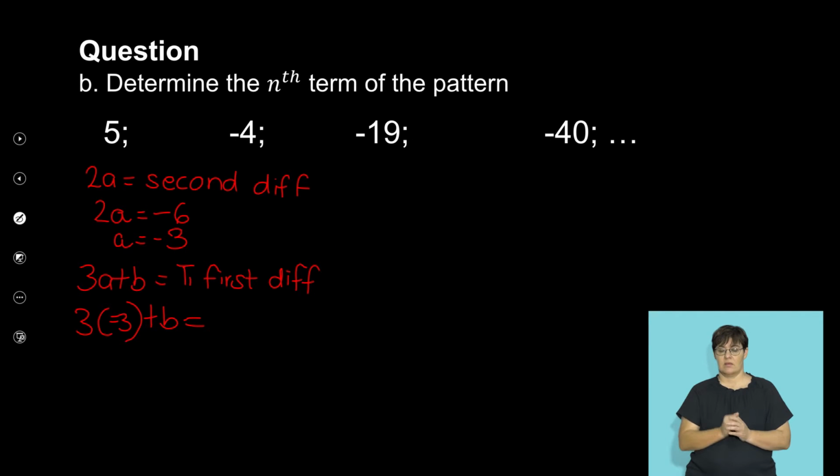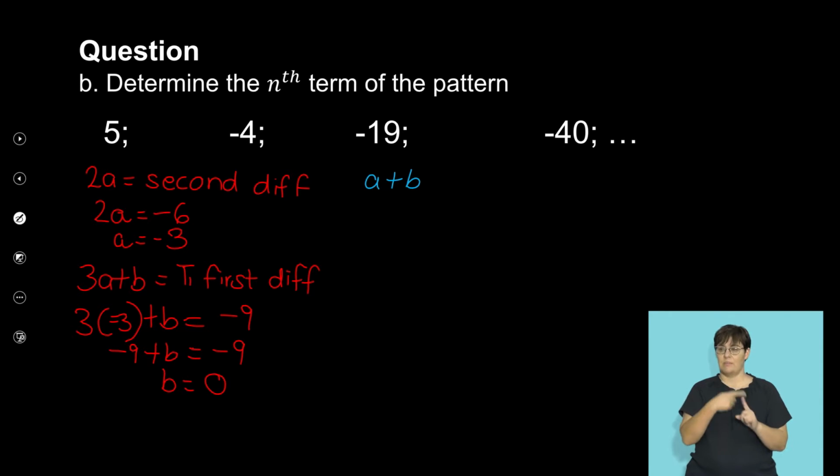So I'm going to have 3 times negative 3 plus B is equal to negative 9. So this is going to be negative 9 plus B is equal to negative 9. If I carry my negative 9 from the left to the right, I will actually see that B is equal to 0.